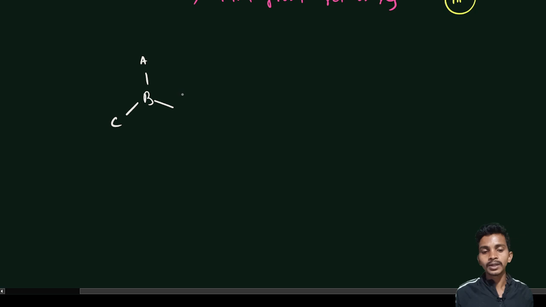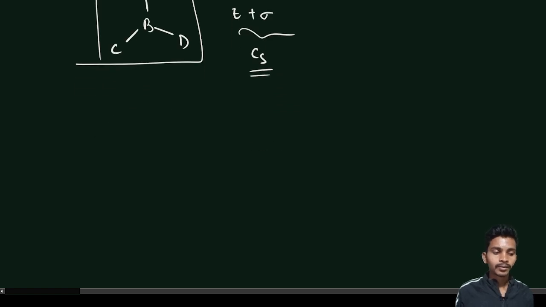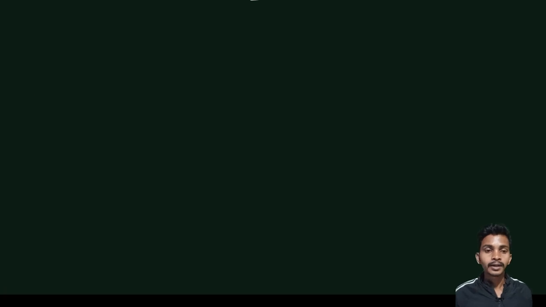If I replace with another atom, let's say D, then E is present, and this is a planar molecule, so sigma, the molecular plane, is present. Only this is present because all the atoms are different. So this belongs to the Cs point group. Okay, so these are the types of point groups. Now we will look at tetrahedral.